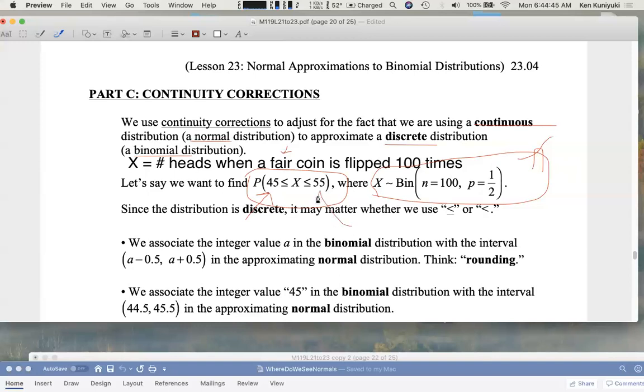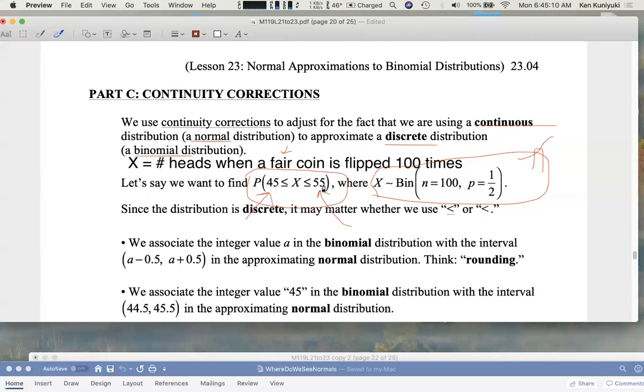Also, I win the bet if my friend gets exactly 55 heads, or if my friend gets any number in between, 46, 47, and so forth. I want to find the probability that I win this bet, that the number of heads will be between 45 and 55 inclusive, including these numbers of heads at the boundaries.